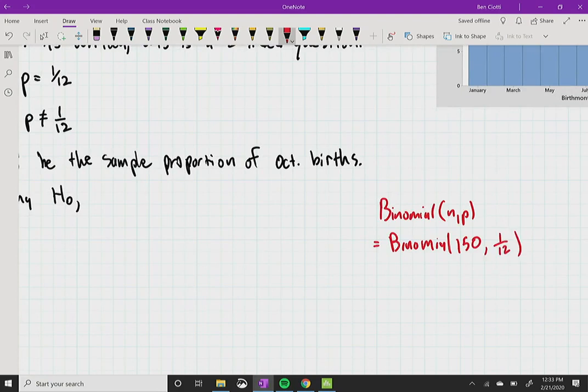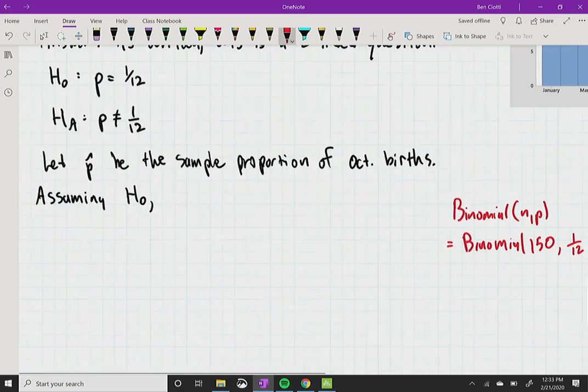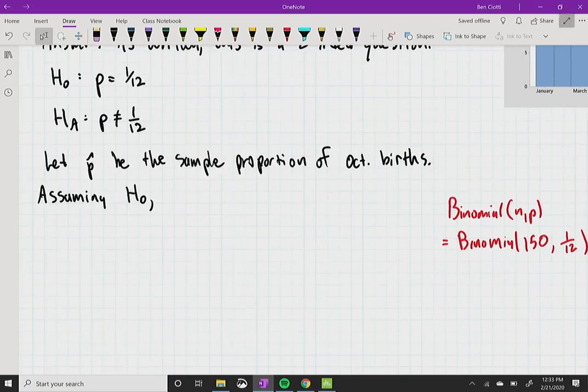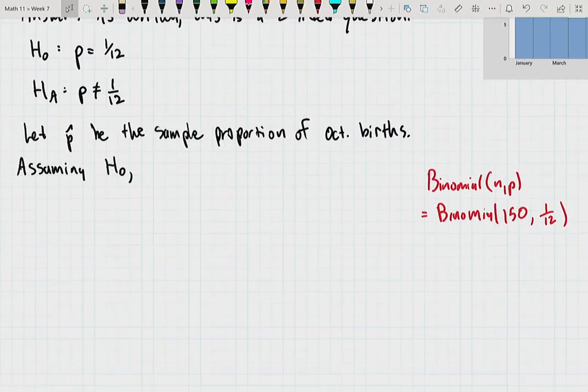This binomial distribution satisfies the almost normal condition for binomial distributions, which is that np and nq are greater than 10. Because remember, the whole way you set this up is you assume the null hypothesis is true.